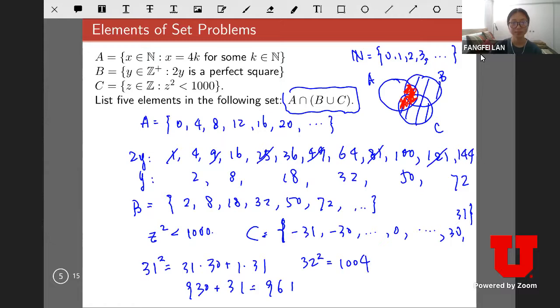So we want numbers that end up in there. It must be in A, but it could be in either B or C.